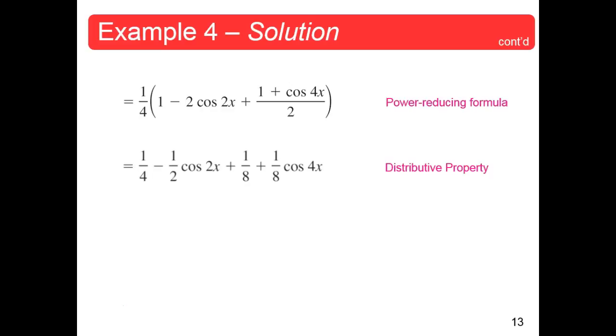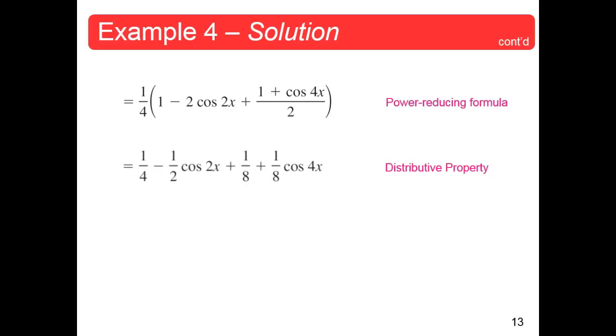Oh, goodness gracious. They did everything at once here. Okay, 1/4 times 1 is 1/4. 1/4 times this would be 1/2 minus 1/2 cosine 2x.